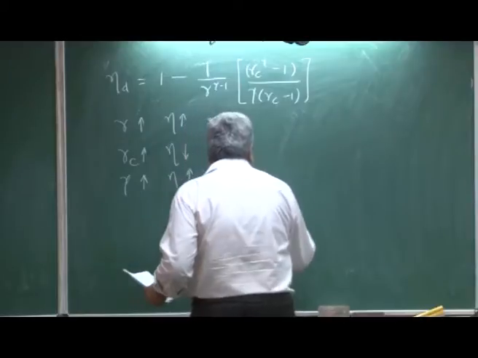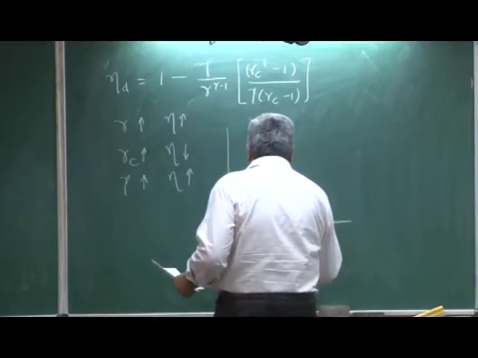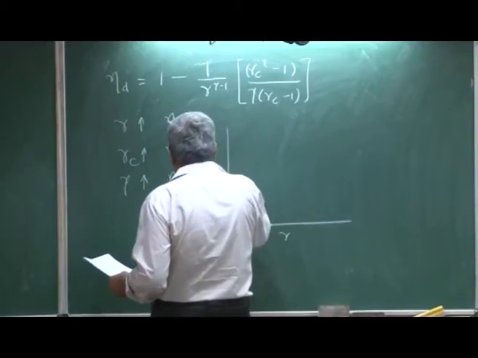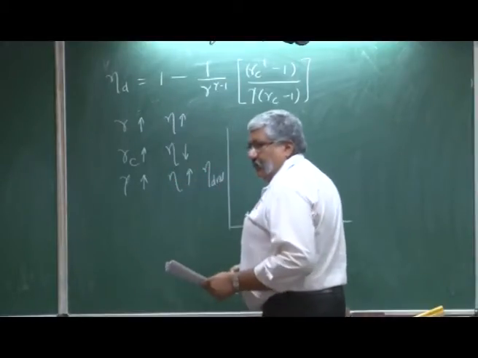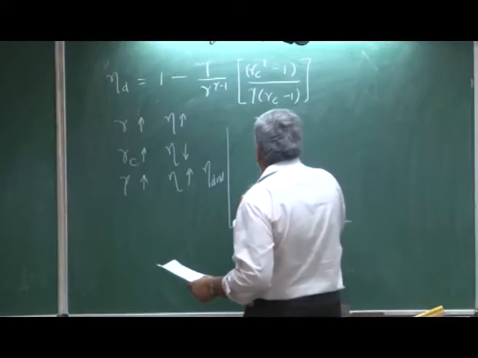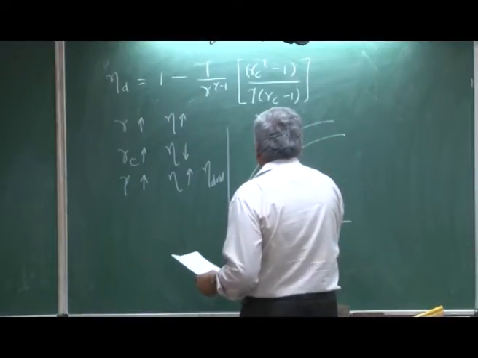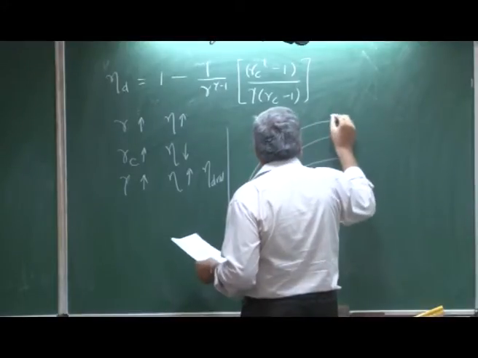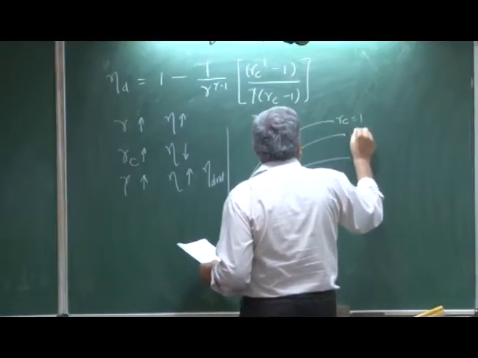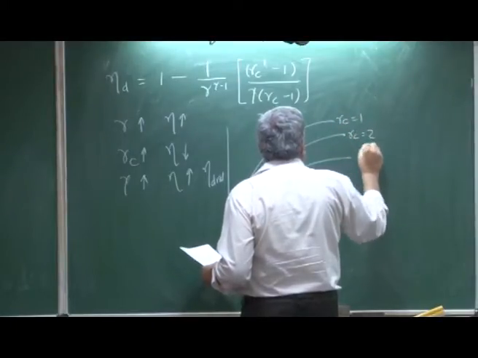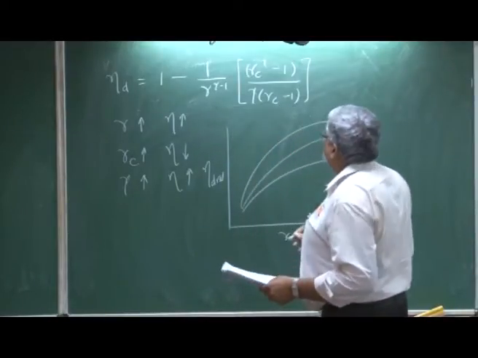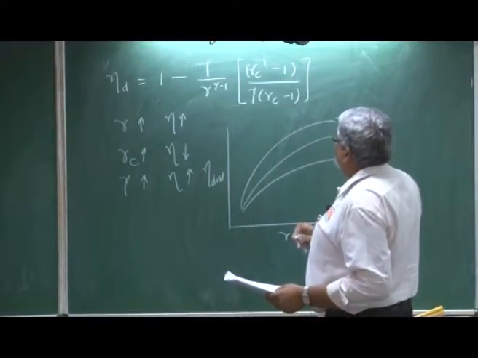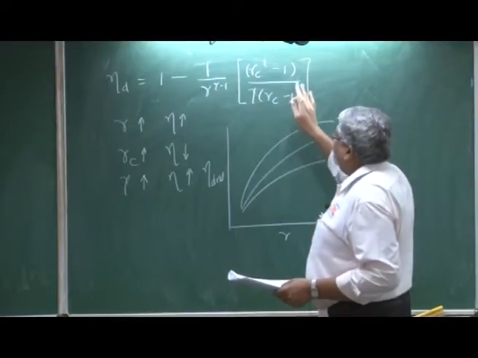I'll just plot this here. So here you have the value of R, the compression ratio, and here you have the efficiency of the diesel engine. Okay. So this is when RC is 1, and this is when RC is 2, and this is when RC is 3. So when RC is 1, what happens here?